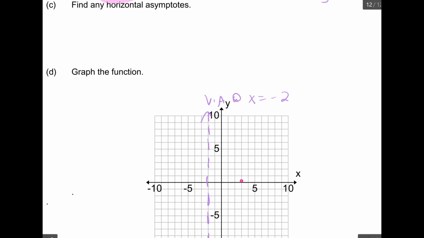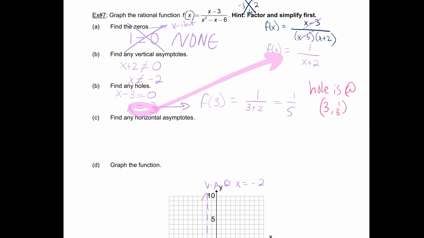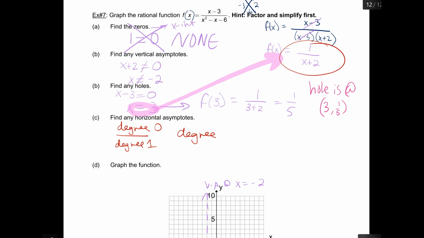Find any horizontal asymptotes. How do we find a horizontal asymptote? Look at the degree. I have a degree of 0 over a degree of 1, because it's 1 over x plus 2.